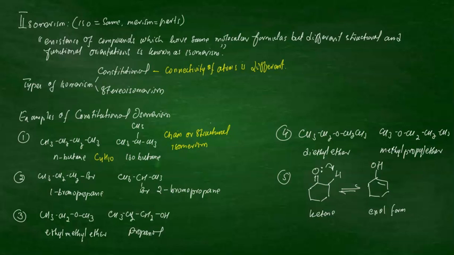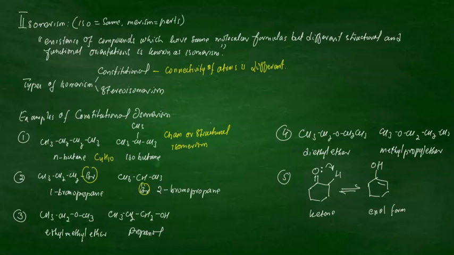In the next example, we have two molecules, 1-bromopropane and 2-bromopropane. We have the same functional group, bromine. They are alkyl halides. In 1-bromopropane, the bromine atom is attached to one end of the carbon chain, and in the other case the bromine is attached to the central carbon atom.